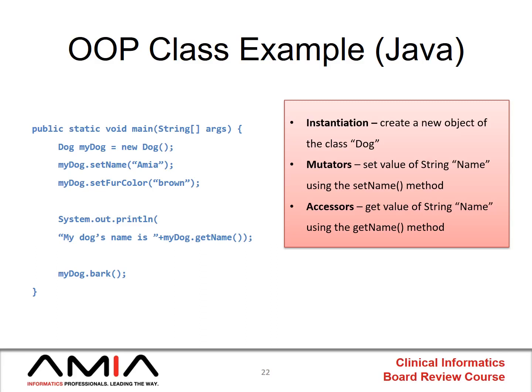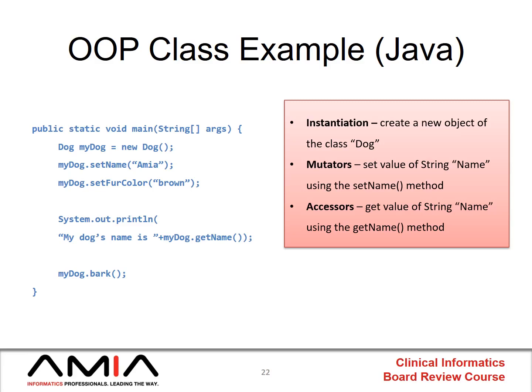So if you've been following along, and hopefully if you have had some prior experience with these programming languages, you should be able to see that what this program does is it first creates a member of the Dog class called myDog. It sets the name to Amia, it sets the fur color to brown. Then it says my dog's name is, and because we had just set the name to Amia, it should say my dog's name is Amia.